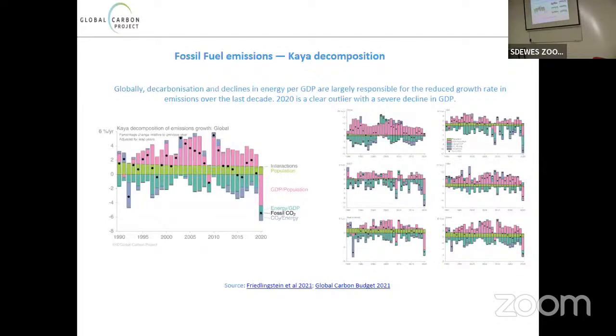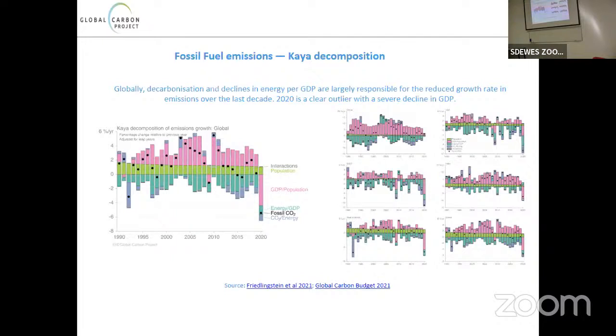And energy intensity usually has decreased the emissions, and carbon intensity sometimes has increased emissions. This is carbon intensity, sometimes decreased.